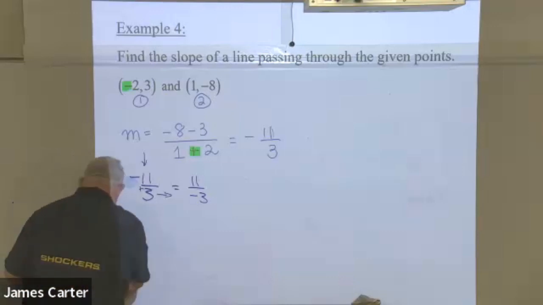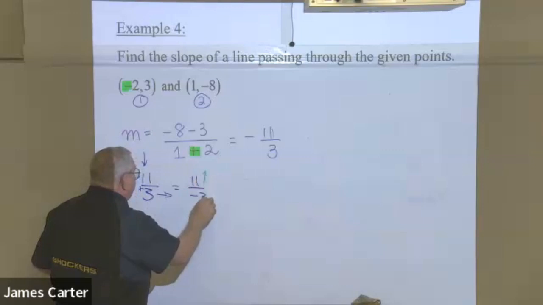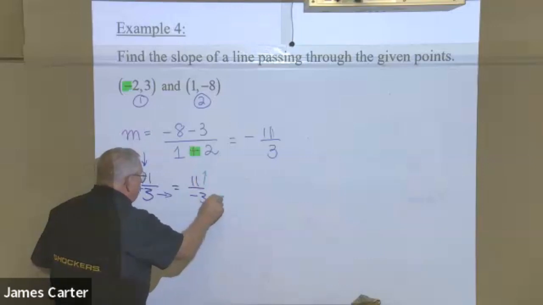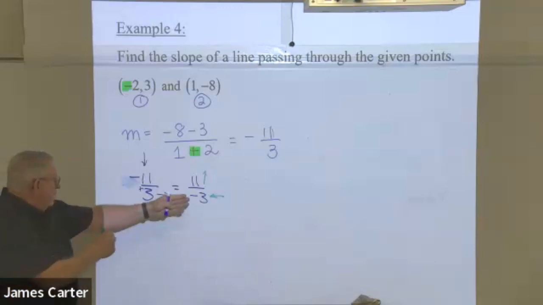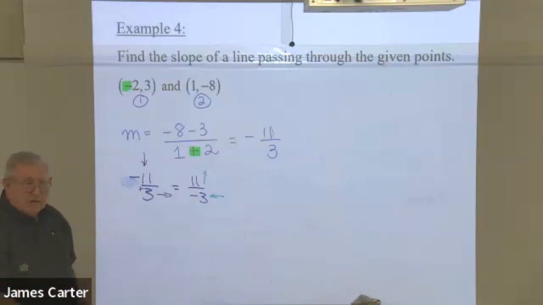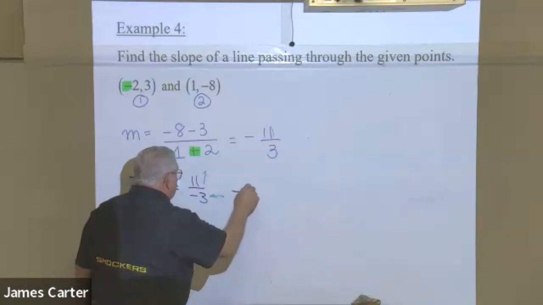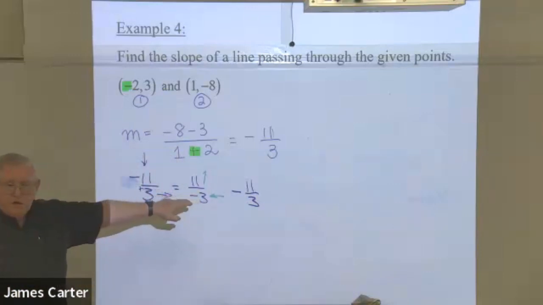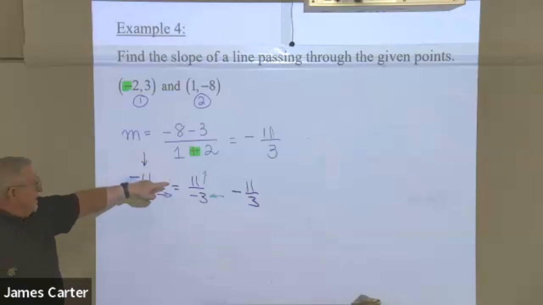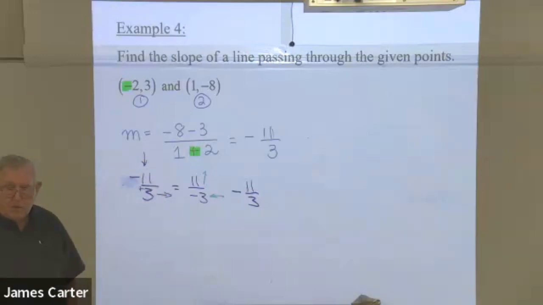But this time, you can go up 11, but left 3, like the negatives are on the left side of the number line, okay? Or both of these are simply equal to -11/3. So anytime you've got a slope that has a negative in it, any of those 3 possibilities would work.